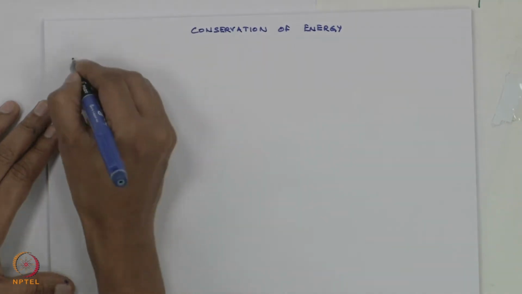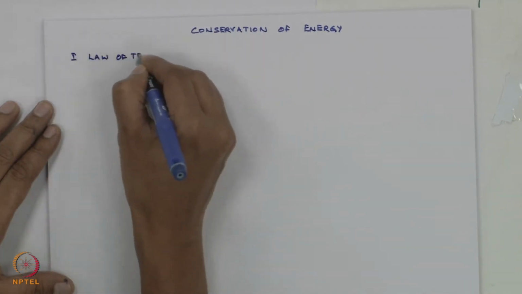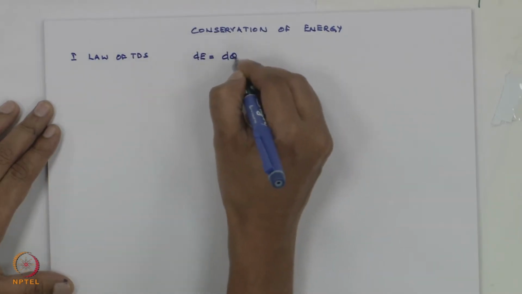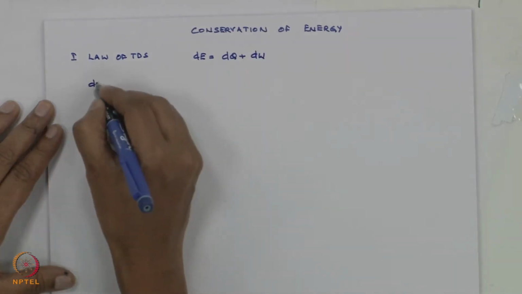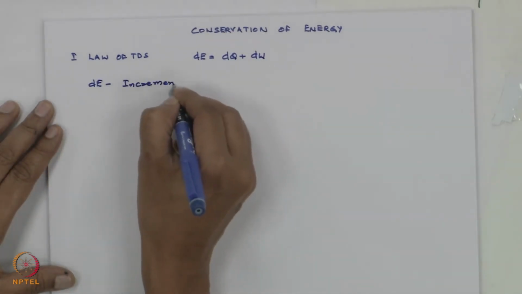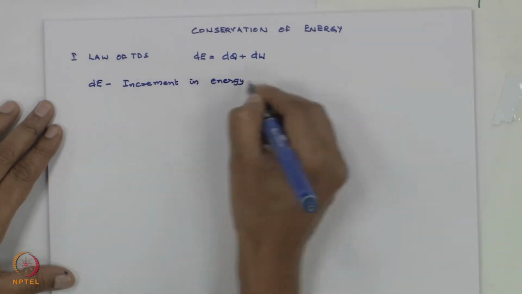From the first law of thermodynamics, we know that dE is equal to dQ plus dW. What is dE? That is the increment in energy. So what is the energy we are talking about?